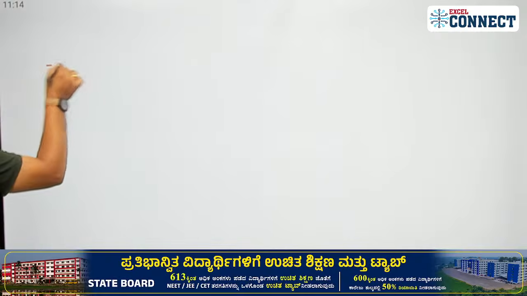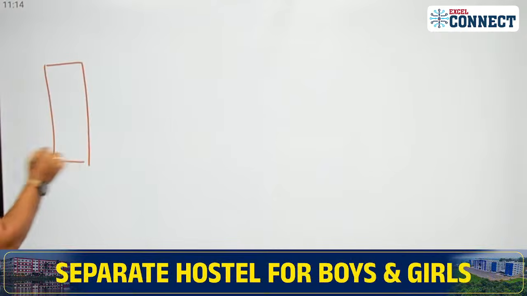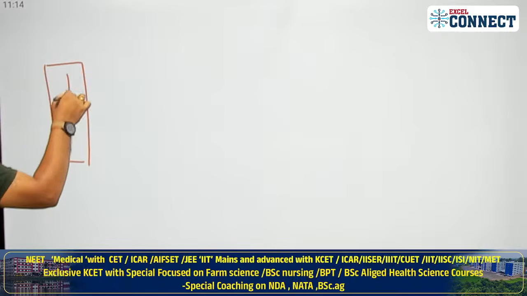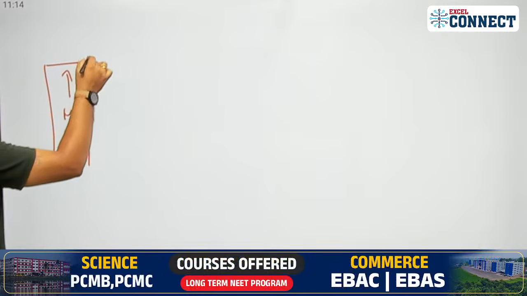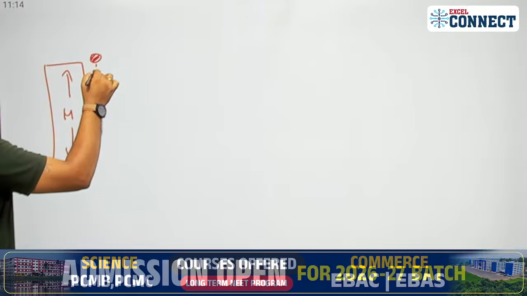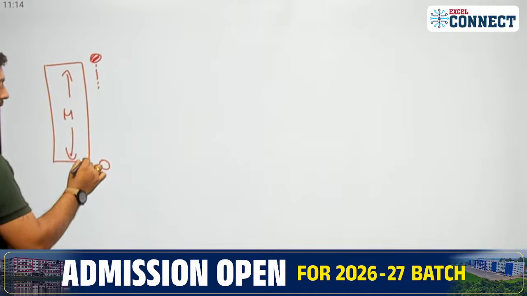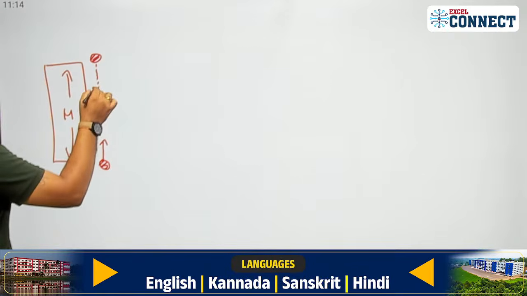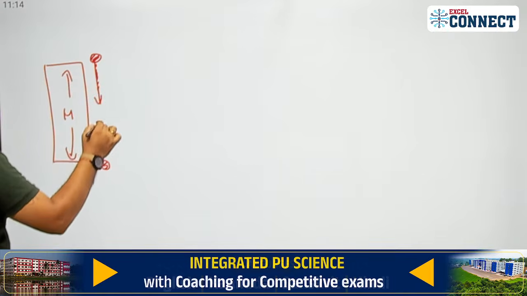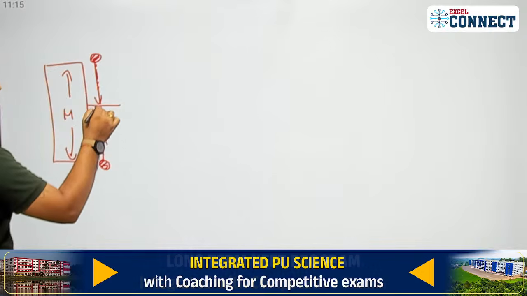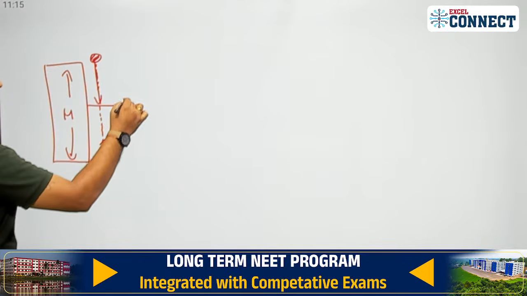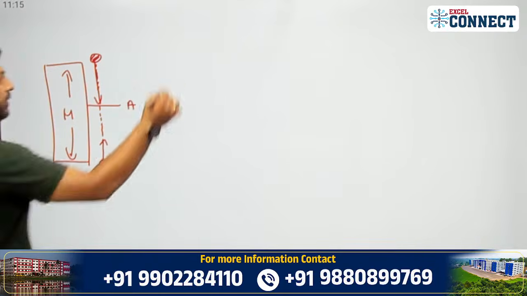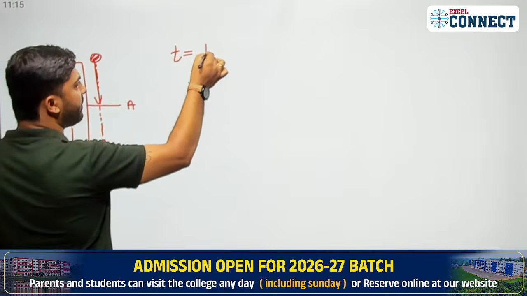So remember the result: from a tower of height h, when one ball is dropped and at the same time the second ball is thrown upward, they may meet at a point known as A. What is the time to meet? Time to meet is given by h by u.